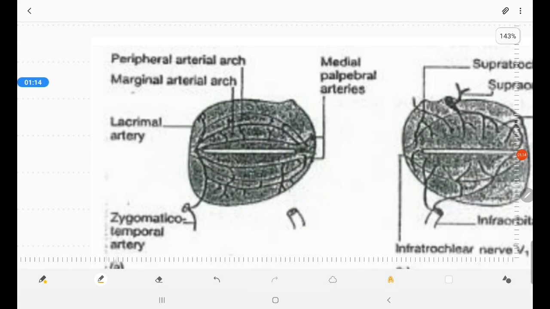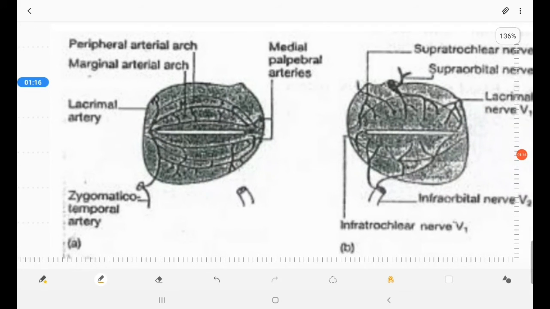The lacrimal artery gives rise to the lateral palpebral artery. This supplies the lateral part of the lid.